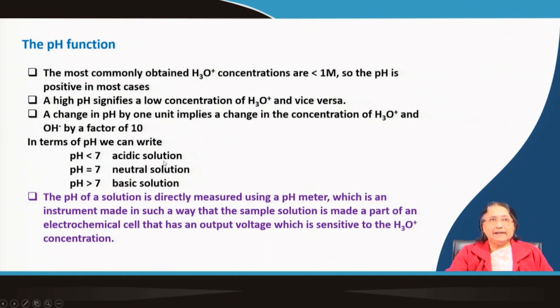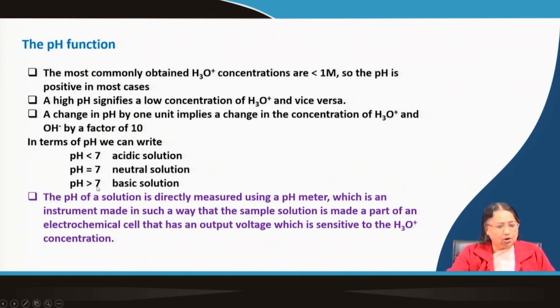And we can easily say that for a neutral solution the pH is 7, for an acidic solution the pH is below 7, and for an alkaline or basic solution the pH is above 7.